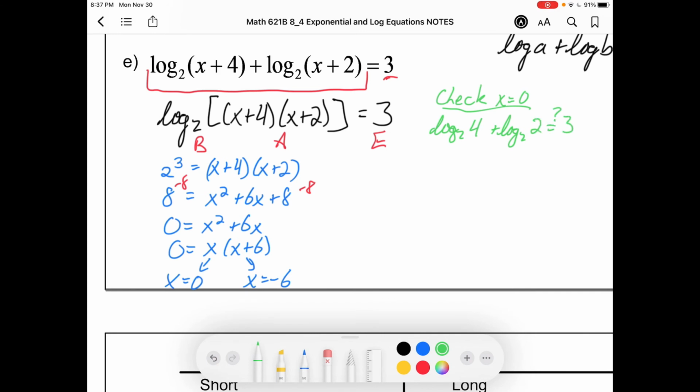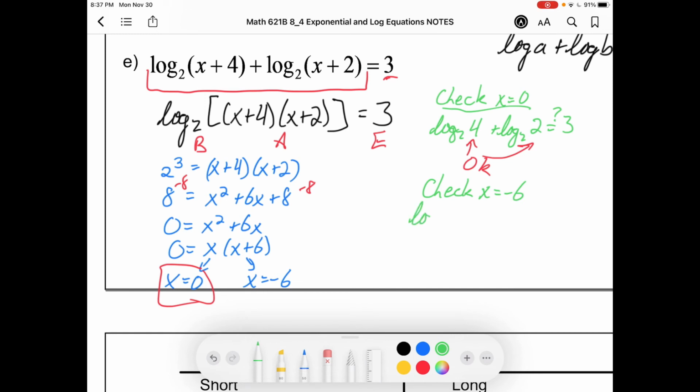And we're wondering, is that equal to 3? These are both okay. You can take the log base 2 of 4, because 4 is a positive number. You can take the log base 2 of 2, because 2 is a positive number. So 0 actually works for us. That's an answer. Let's do the same thing, checking for x equals negative 6.